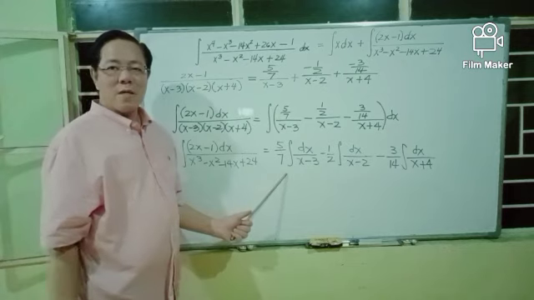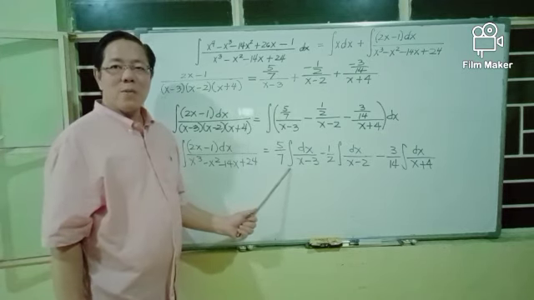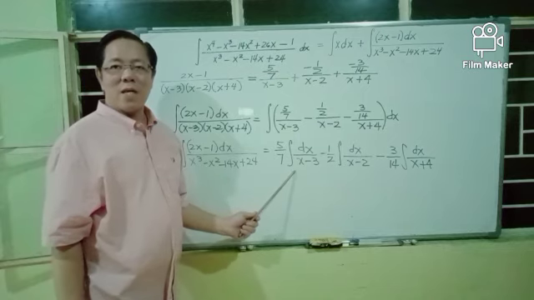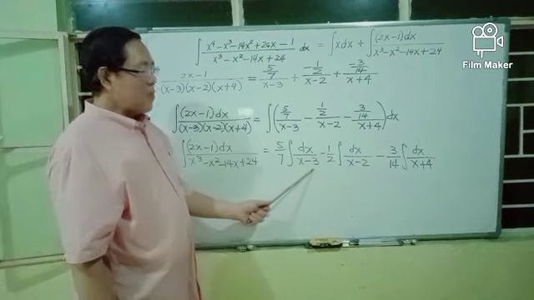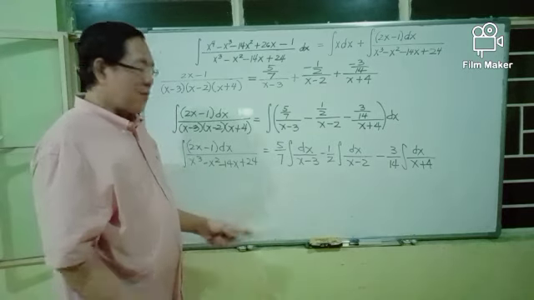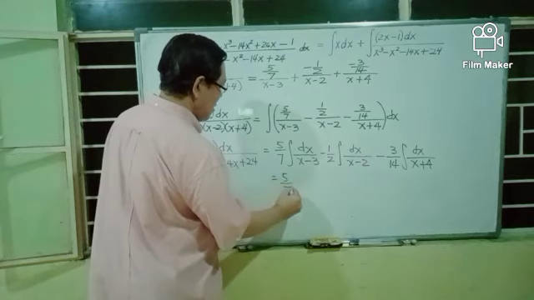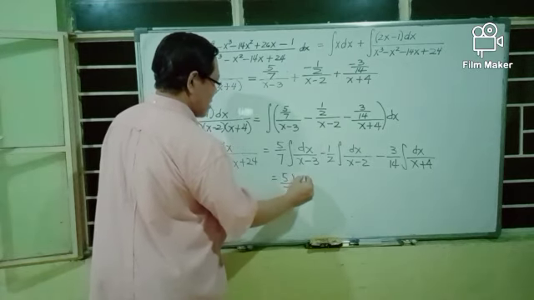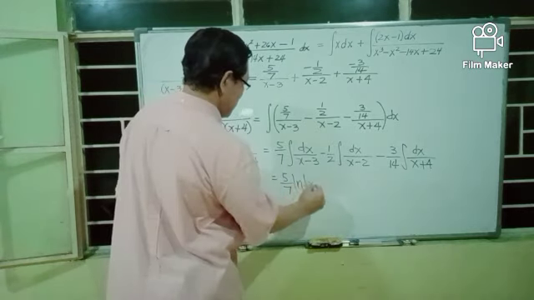Now using one of the integration rules that says the integral of du over u is equal to ln u. The integral of the first term is 5 over 7 times ln of x minus 3.